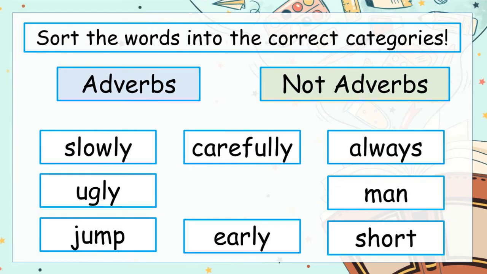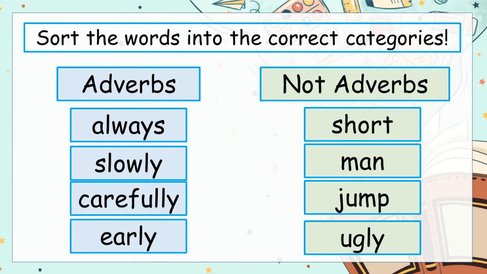Well, how did you get on with that one? Some of those were quite tricky. So the adverbs from down below are always, slowly, carefully, and early. The words that are not adverbs are short, man, jump, and ugly.